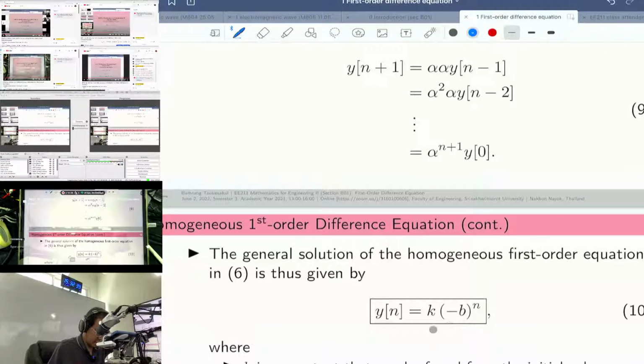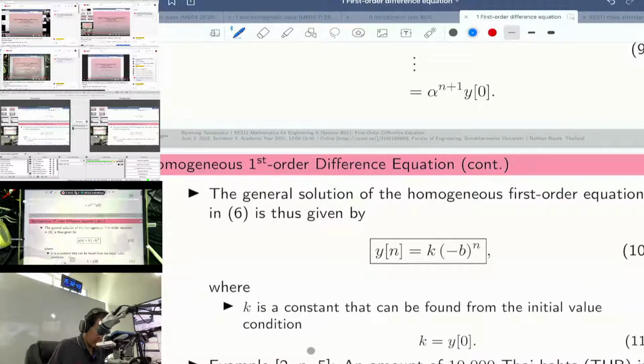What is that then? K is the constant that could be found from the constant here, y0. Okay, if you let n be 0, this will be 1, right?